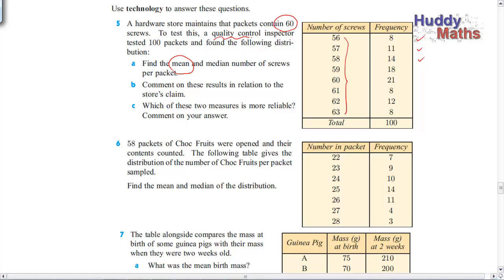Quality control again. Statistics is very important in quality control. And what about the median number? Okay, comment on these results. Which of the two measures is more reliable? Okay, what do you think? All right, so try 5 and 6, and I'll pause the presentation and then I'll show you the answers in a minute. We'll go down to 7.